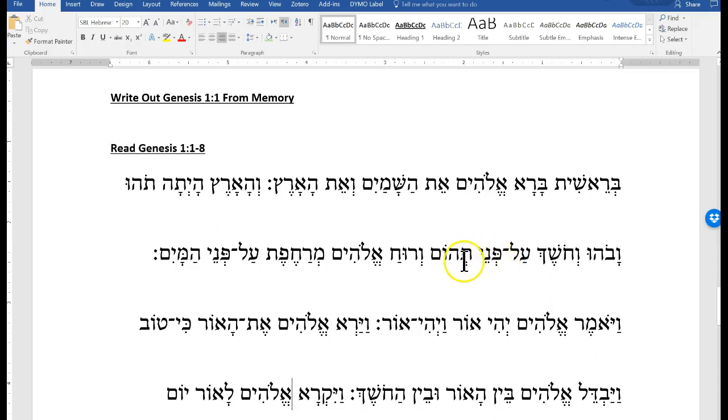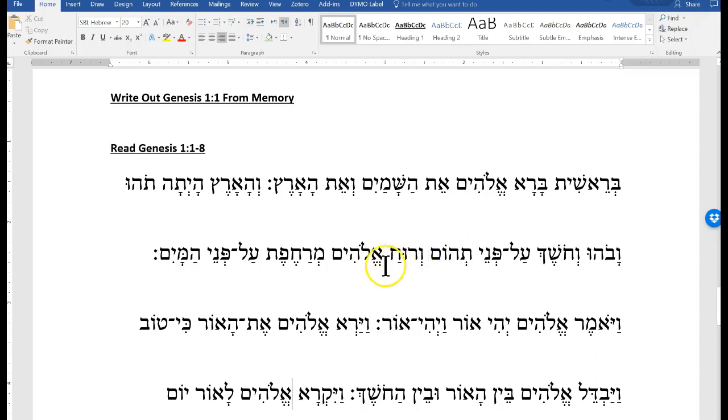And so this is construct, and Tehom is deep. Upon faces of the deep. When a noun is in construct, you don't ever put the "the" on the construct noun. It gets its definiteness from the word that follows. On the faces of the deep.